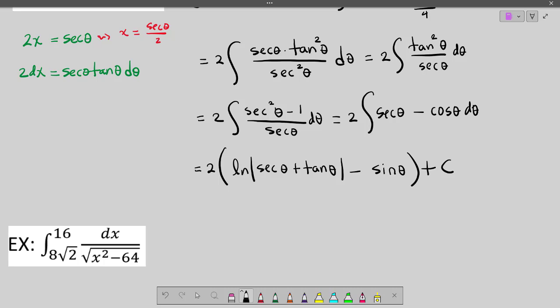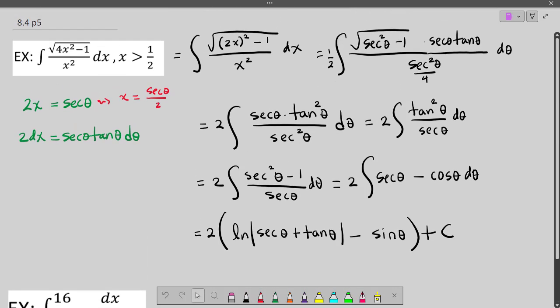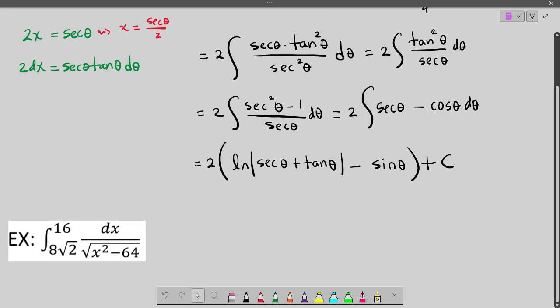So there is our antiderivative, our family of antiderivatives. Now we have to use our magic triangle to get back to letter x. So secant of theta is 2x. So we build this triangle as if it's in quadrant 1, and we need to satisfy this substitution.